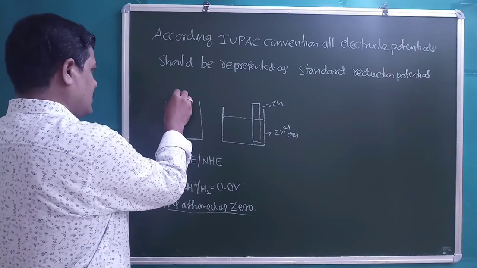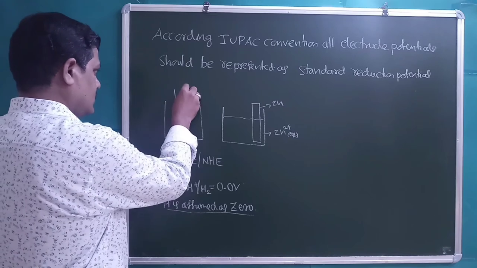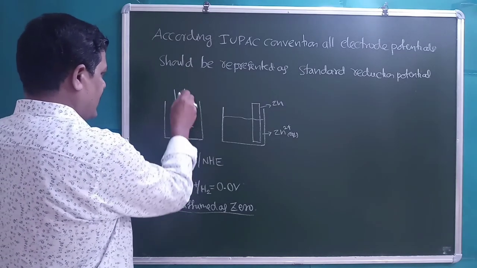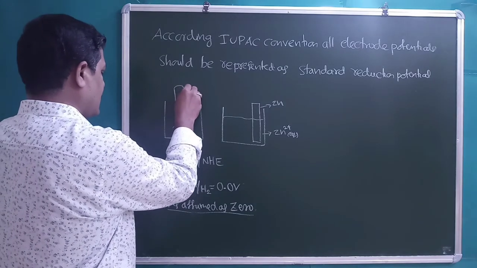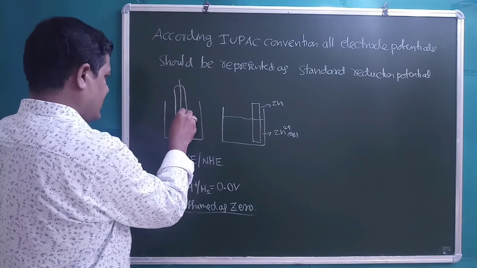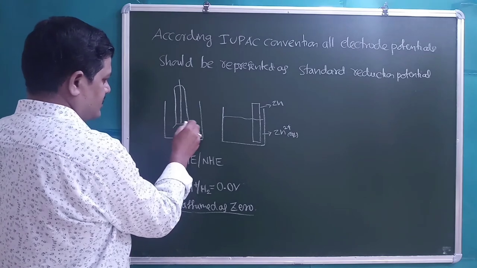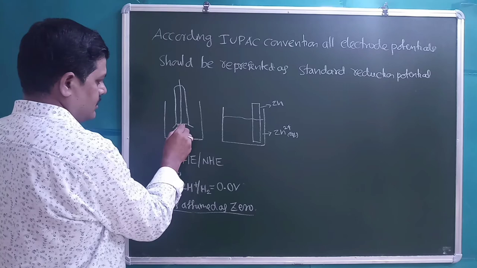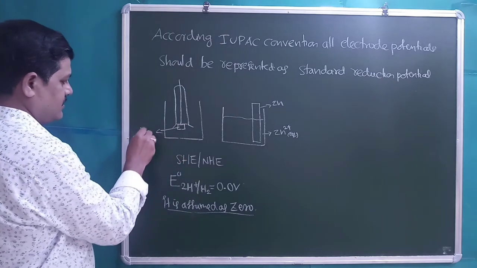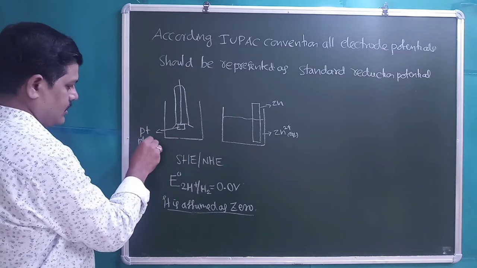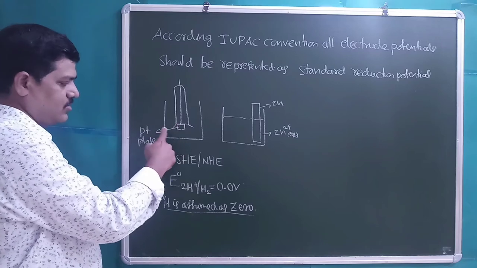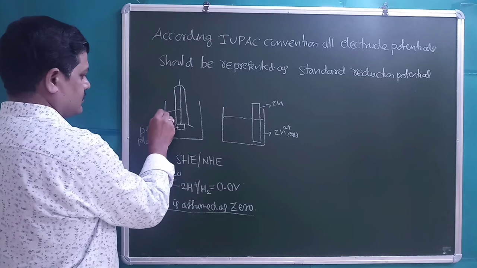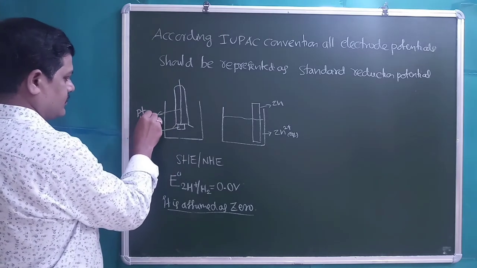The standard hydrogen electrode is made with a platinum wire sealed in a glass tube, which is connected with the platinum plate. This is the platinum plate, or a metal plate coated with platinum black. This is the platinum wire.